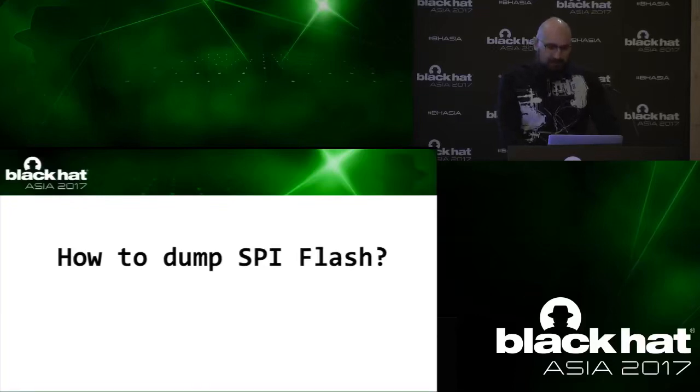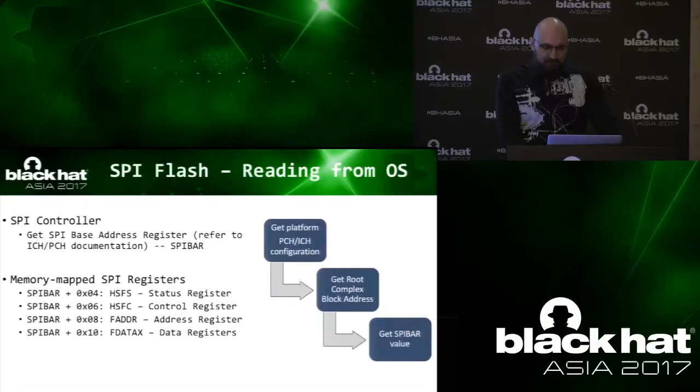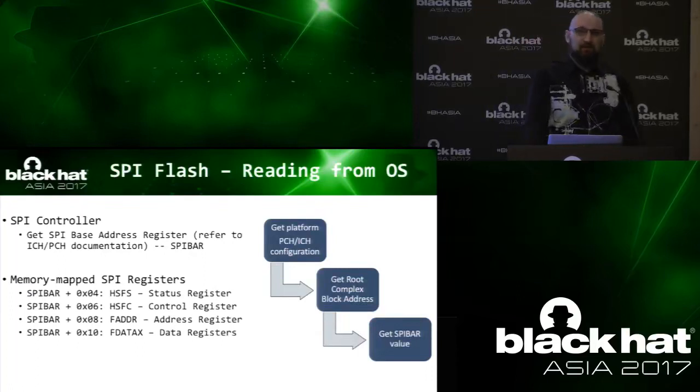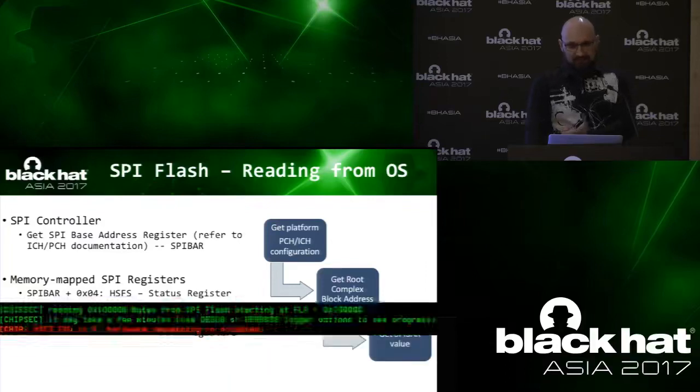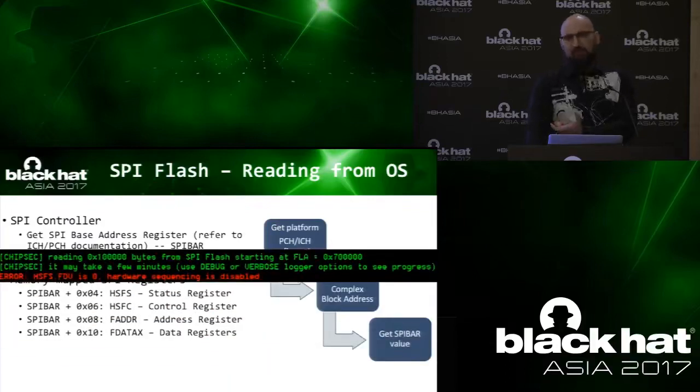But how does an SPI flash dump actually work? All the software which dumps SPI flash from the operating system level communicates with the SPI flash controller and tries to read the SPI flash region through some specific SPI registers. Sometimes it's not configured correctly, and some of the software can fail on some of the platforms.